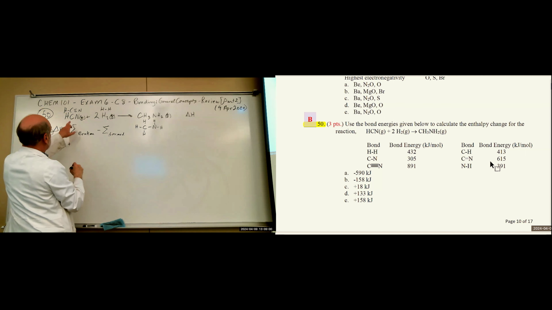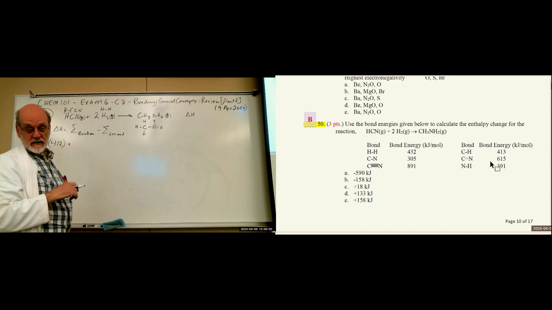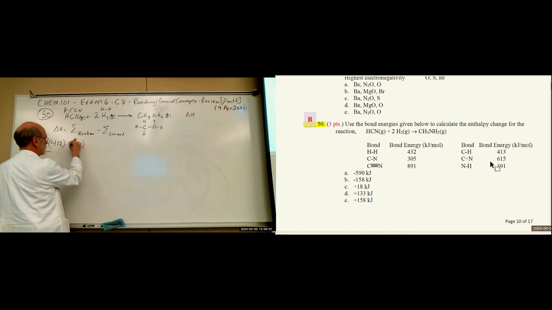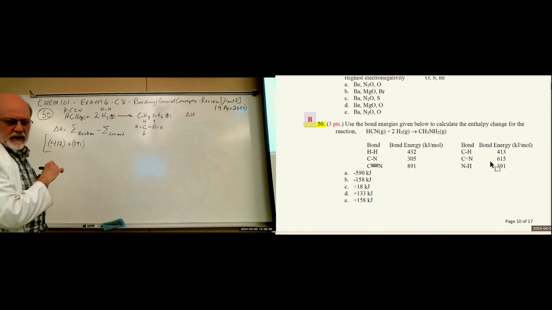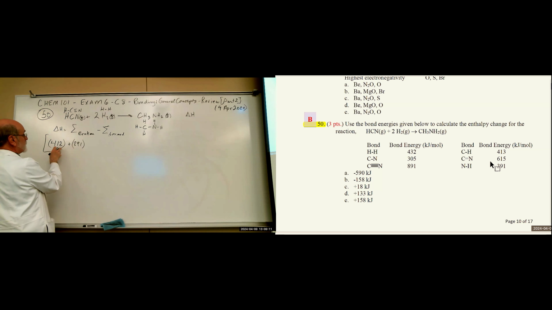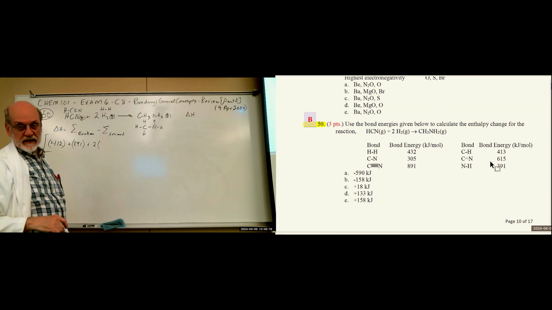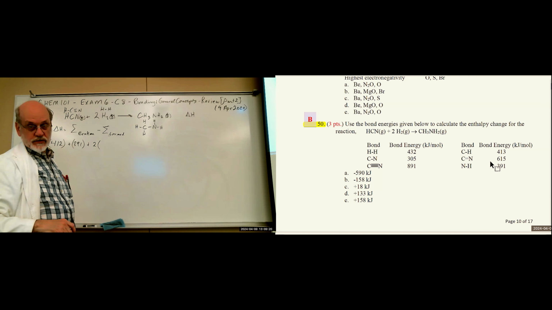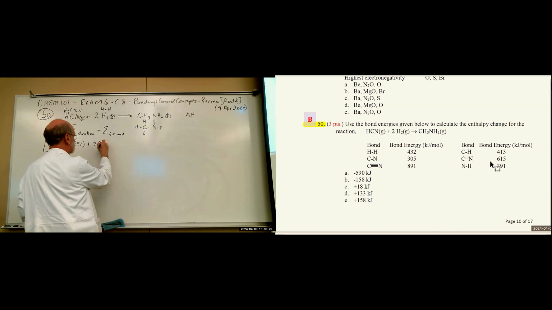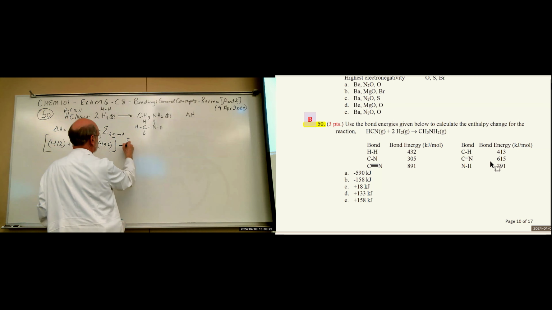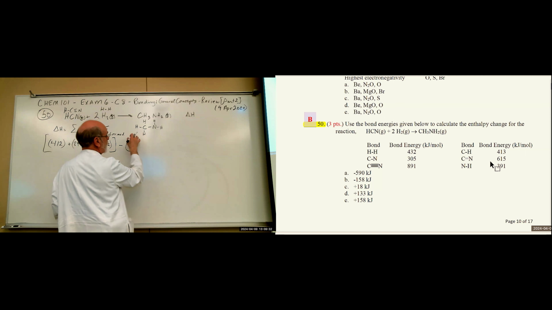And then let's add up carbon triple bond to nitrogen, 891. And these are all kilojoules per mole, aren't they? Yeah. And there's 1 mole of each one of these, right? So that's the value. And then we have 2 times the hydrogen-hydrogen bond, which is, where'd it go? There it is, 432. Okay. Then we're going to subtract the carbon-hydrogen bonds.